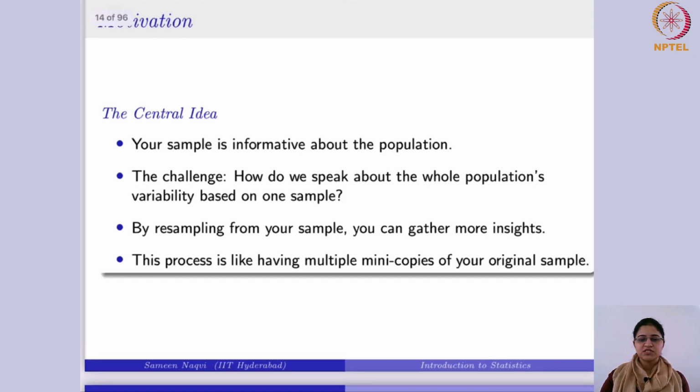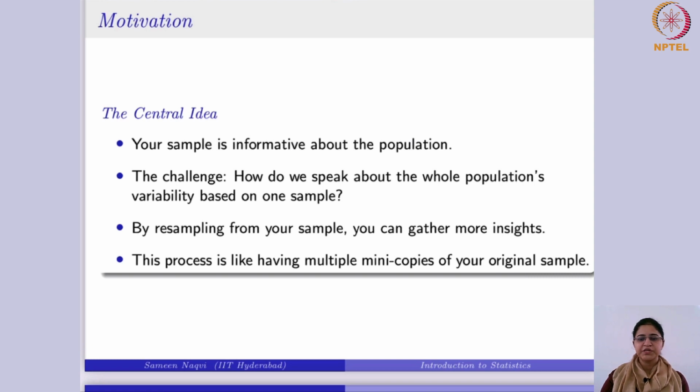So this process is like having multiple mini copies of your original sample. Okay, so you have the original sample, now you are drawing samples from that with replacement. With replacement means that once you have taken and noted down the observations, you keep it back. And then again you want to take a different sample.